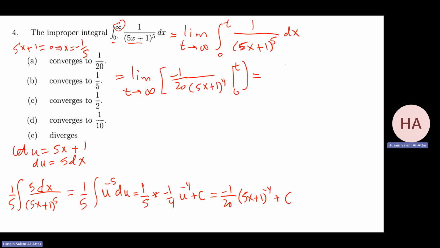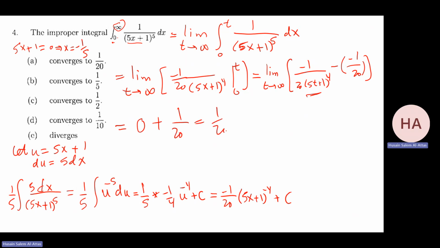That will be the limit as t goes to infinity of minus 1 over 20 times (5t plus 1) to the power 4, minus, taking x equals 0, I have 1 to the power 4, which is 1, minus 1 over 20. Now this limit, as t goes to infinity, I have infinity in the denominator. That will be 1 over infinity, which is 0, plus 1 over 20. And the answer is 1 over 20. It converges to 1 over 20. Okay.